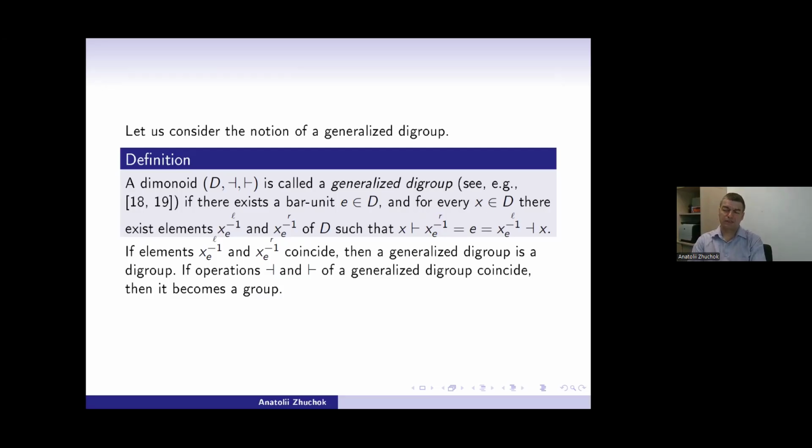And if these elements coincide, then we get the usual D-group. And of course, if the binary operations coincide, then it becomes a group. So this is a generalization, both for the D-group and also for the group.